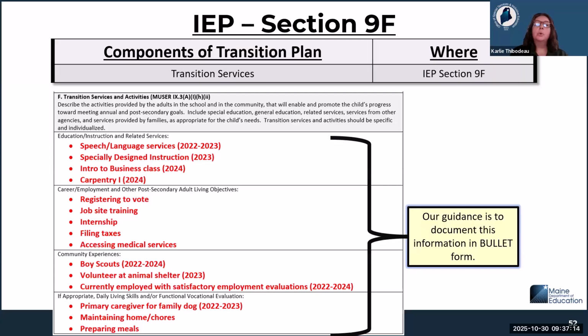So our guidance is to just document this in a list. There's no need to write a big narrative, but these are really those services that the student will be accessing, and they're being provided to the student by other people. So just keep that in mind.